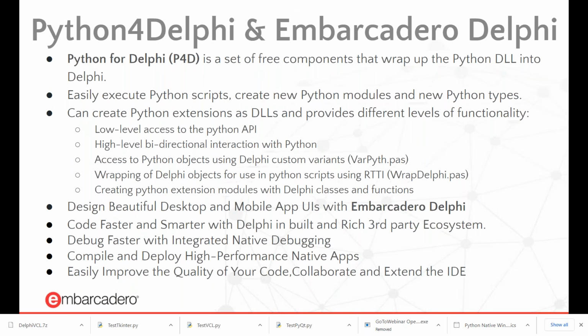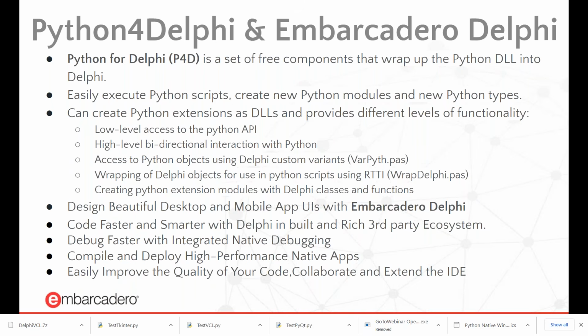This is a very useful library, which helps a lot for using Python and Delphi. With this library, we can easily execute Python scripts in Delphi, and we can create new Python modules. A module means a logical unit, like a unit in Delphi, where you can import the modules in different scripts, and we can execute our things.